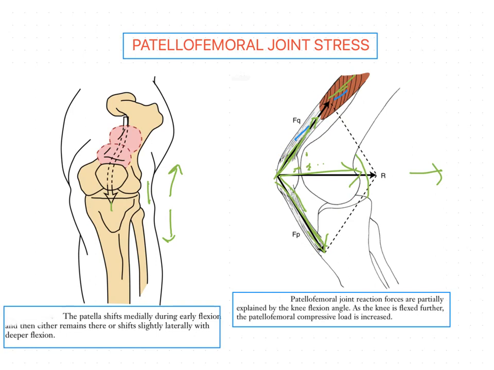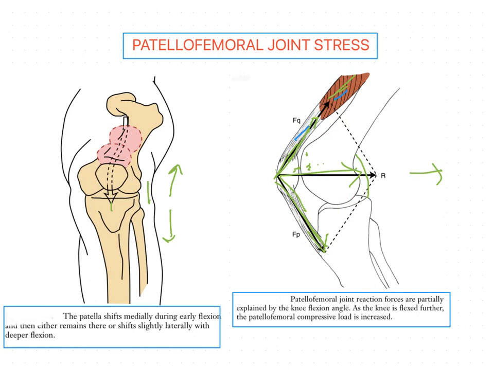Because if you see, in the previous session we have seen during knee flexion, from extension to flexion, we have observed the contact areas of the patella on the femur increasing.